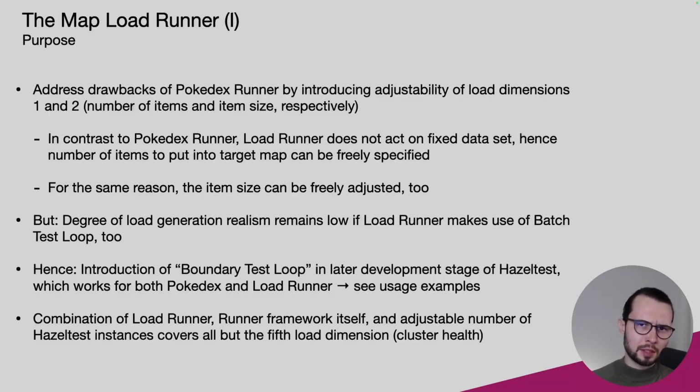So having adjustability for these 2 load dimensions is certainly nice, but it doesn't change anything about the degree of load generation realism, really, if the load runner is configured to work in combination with the batch test loop, right? If you configure it to write 100 million entries, and if you configure each of those entries to have a size of 1 megabyte, for example, then it's great to be able to do that, and will certainly, in terms of memory consumption, give the target Hazeltest clusters something to think about.